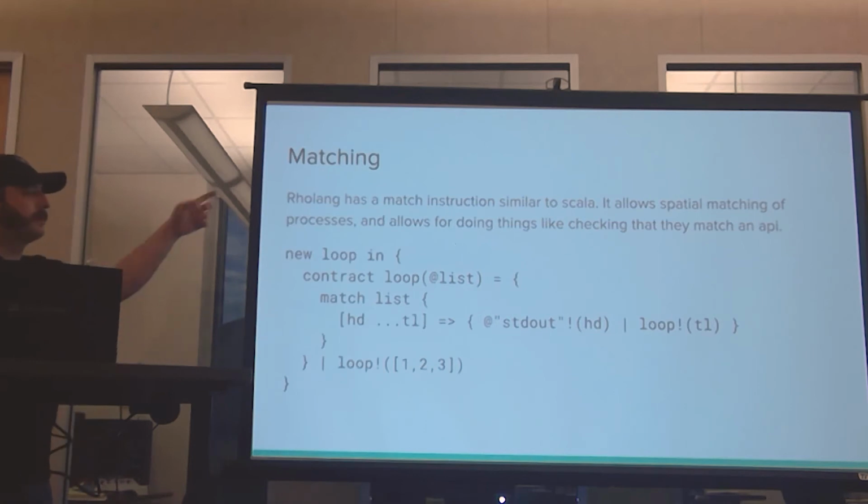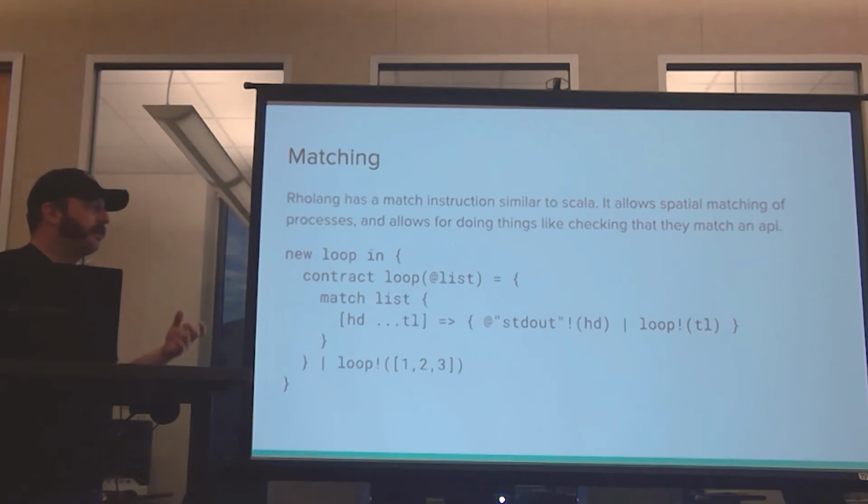All right, so matching. I mentioned before that the same kind of patterns that are available as receive patterns are available for the match instruction. All right, so we can go through this.